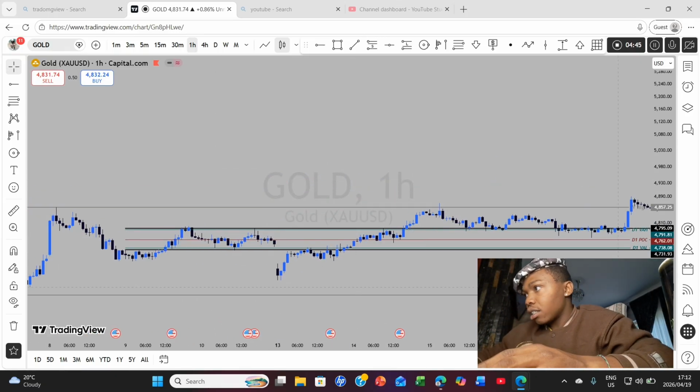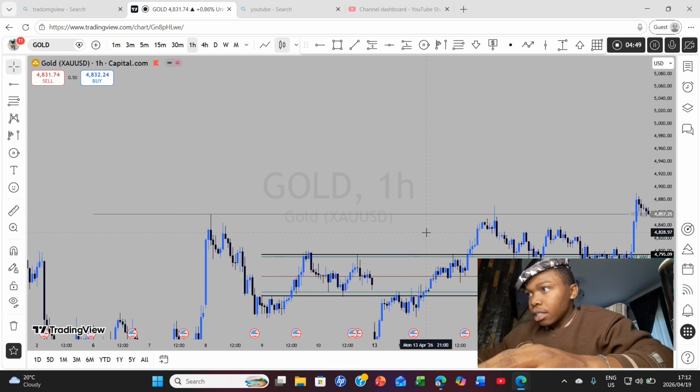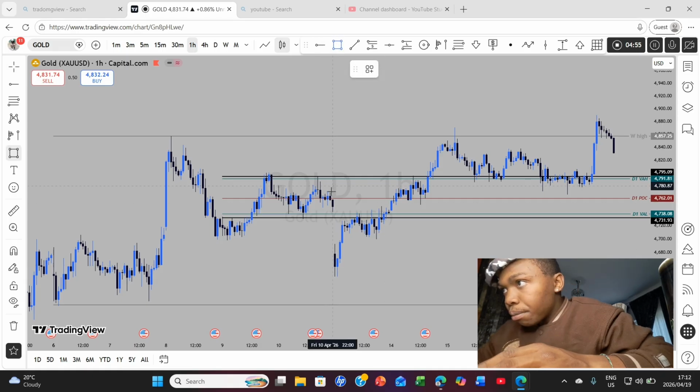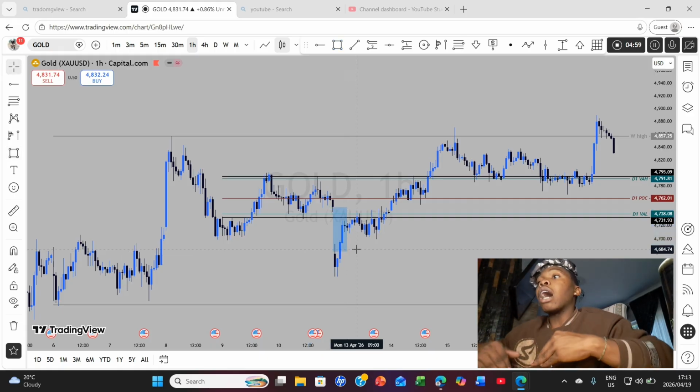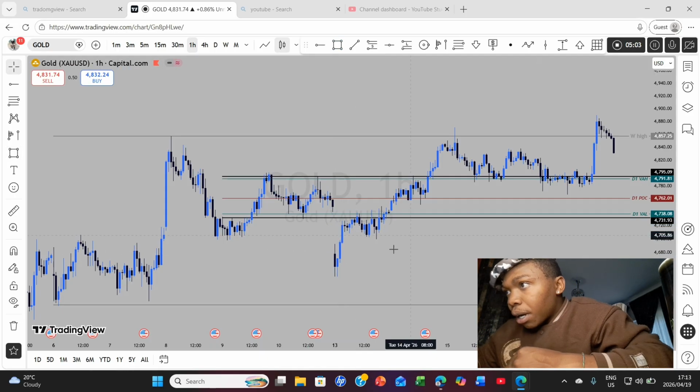So the market, you remember guys, the market opened with a gap here. The market opened with a gap down. So this was Monday.